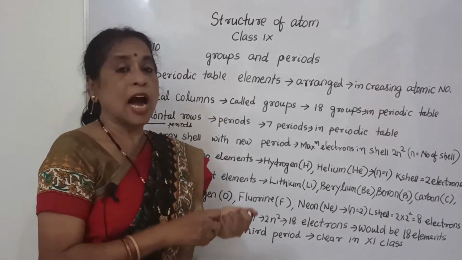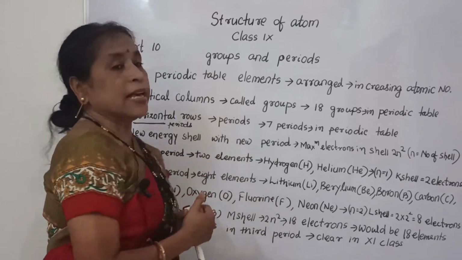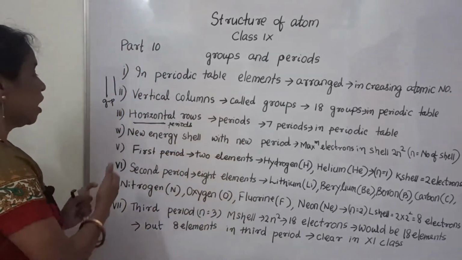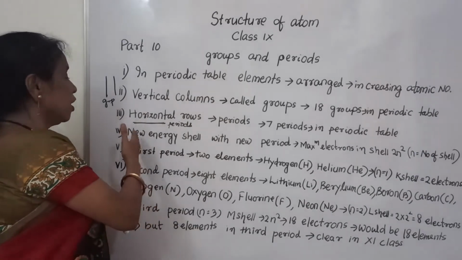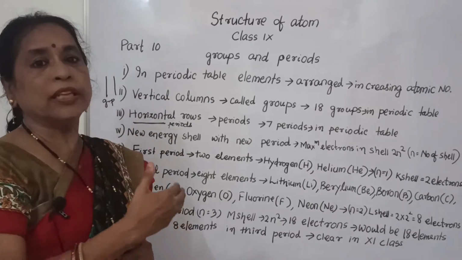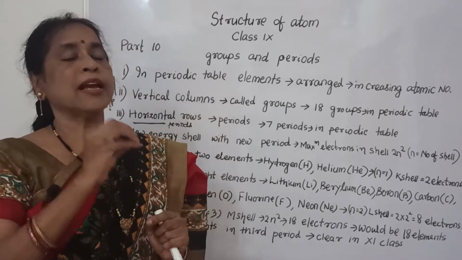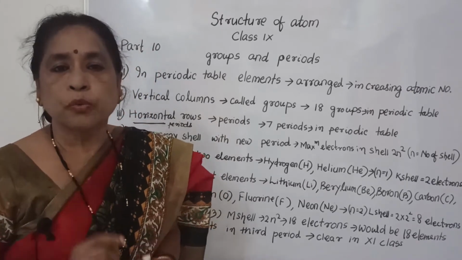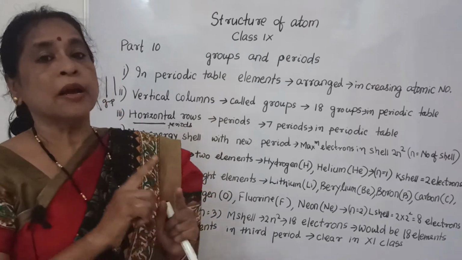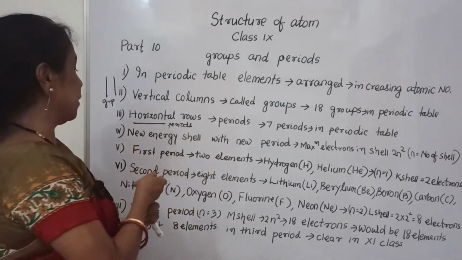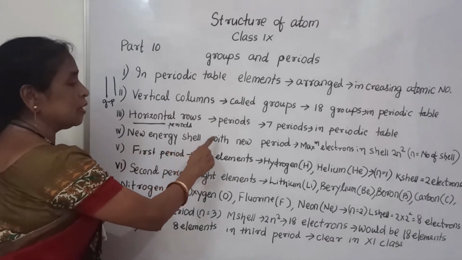Then the question is, how many periods are there in the periodic table? 7 periods are there in the periodic table. Now you can observe also: new energy shell, new period. If I say first period, that means the energy shell n equal to 1. If n equal to 1, first energy shell, that is the first period.